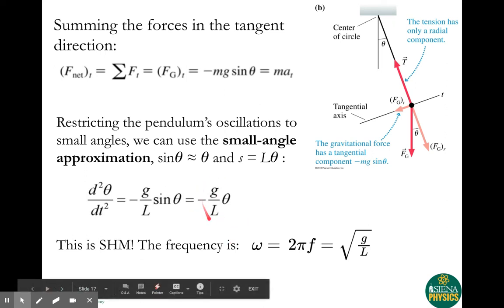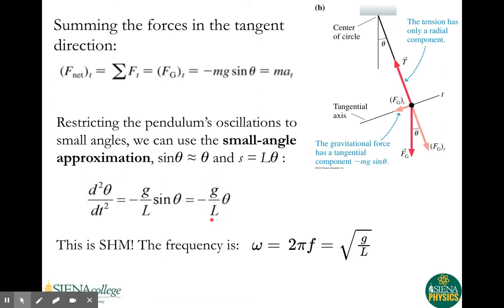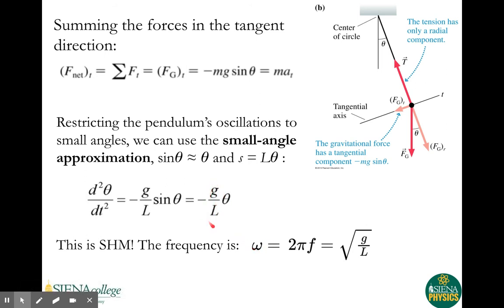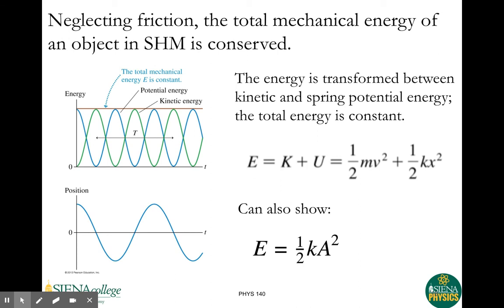If we do the same analogy, saying this constant out in front has to be omega squared, then omega in this case is the square root of g over L. And that can lead us to calculate the period of the pendulum and all that.